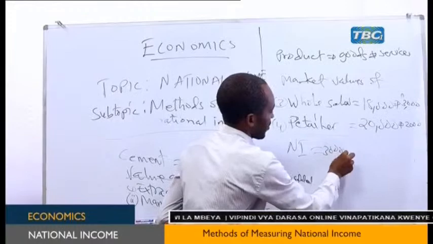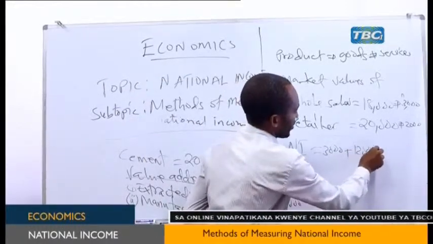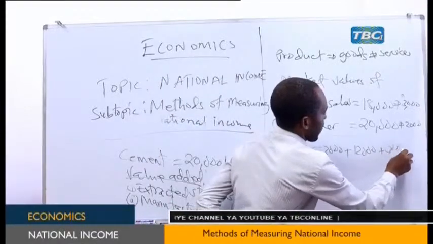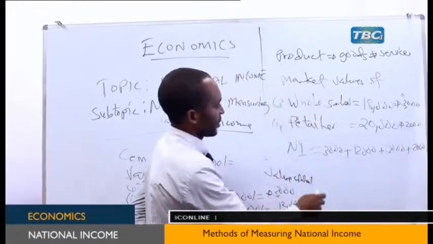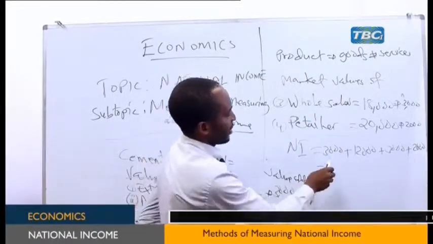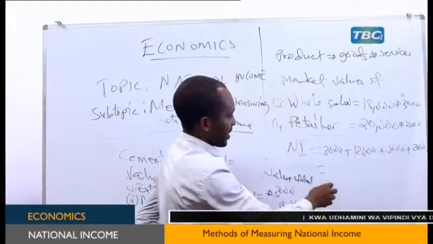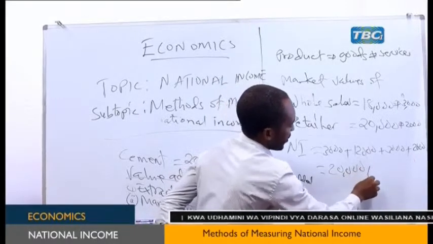You'll add the value added in each stage, so it will be 3,000 plus 12,000 plus 3,000 plus 2,000. So the total here will be 20,000.